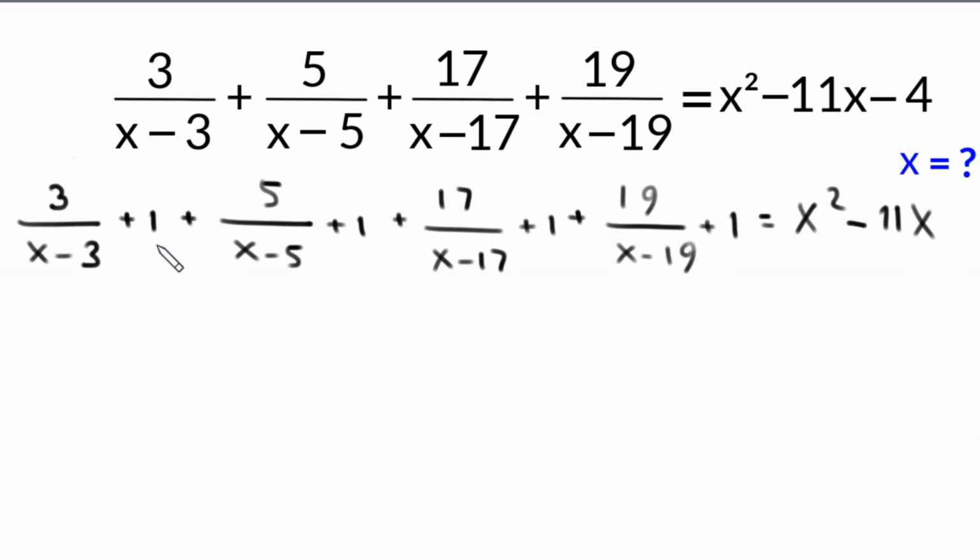We can write the denominator of this 1 and take the LCM of 1 and x minus 3. The LCM is x minus 3.